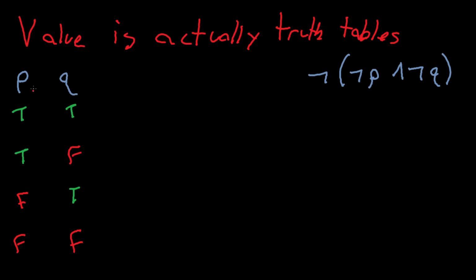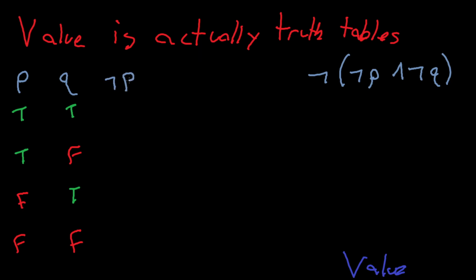Everything on the bottom here is going to represent the value of the above expression. And recall that for a sentence composed of just a sentence symbol, the value is merely the assignment of that symbol.